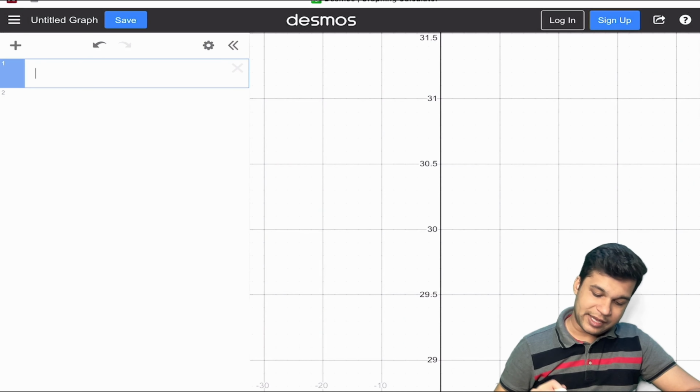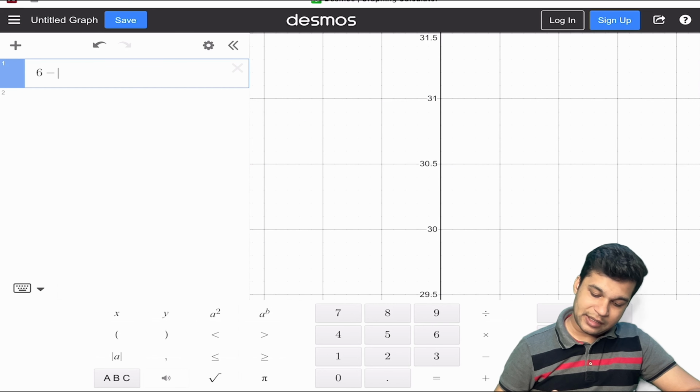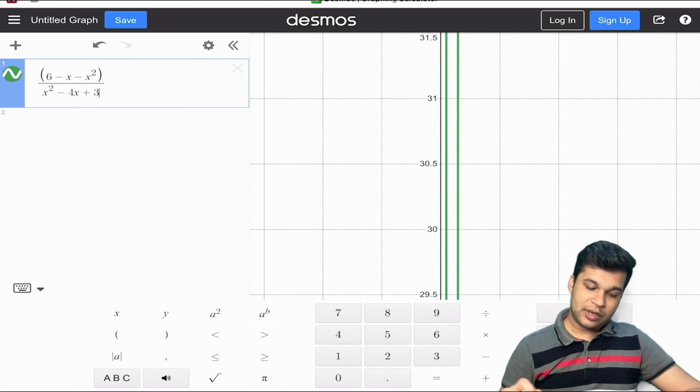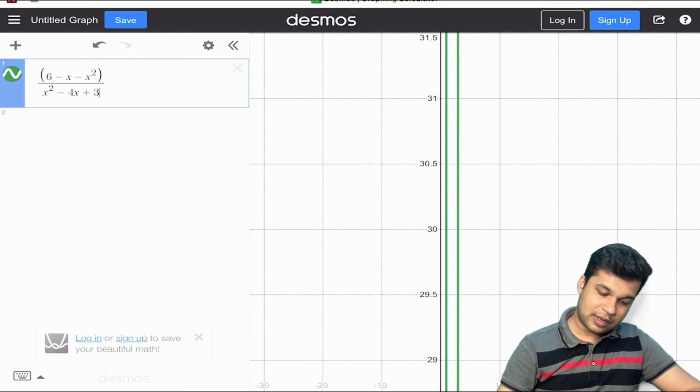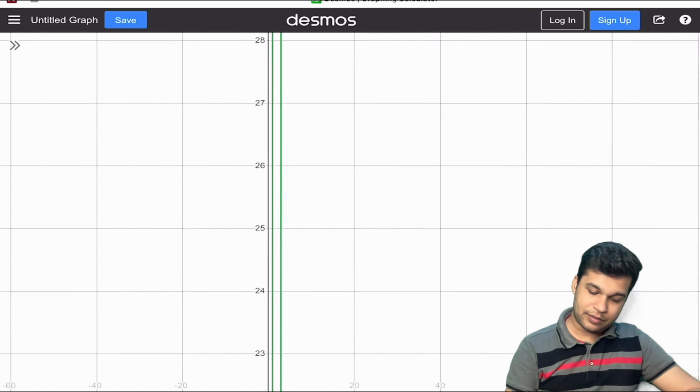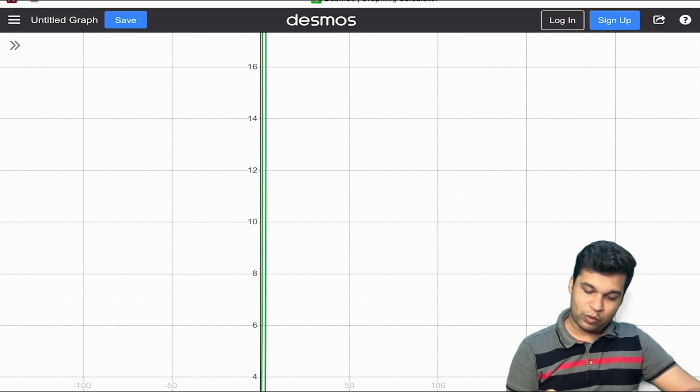So our function is 6 minus x square, and you are dividing it by x square minus 4x plus 3. Okay. Where's your origin?